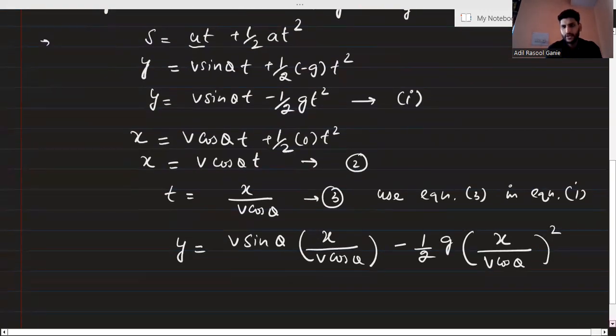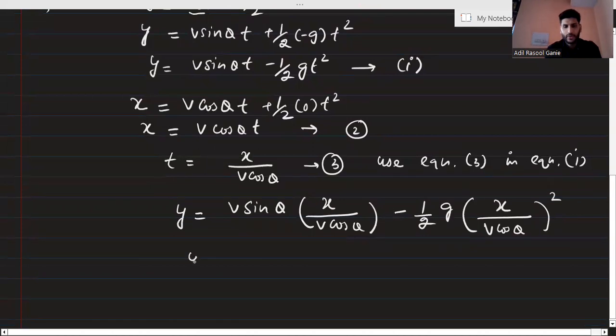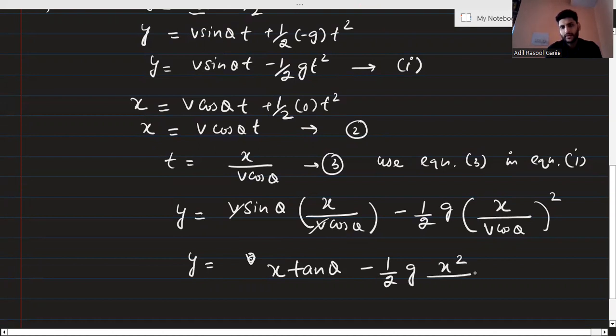If I further solve this equation, I'll get y is equal to x times sin theta upon cos theta, which is tan theta, and this v and v will cancel each other. So I'll get x tan theta, then minus 1/2 into g, x square upon v square cos square theta.